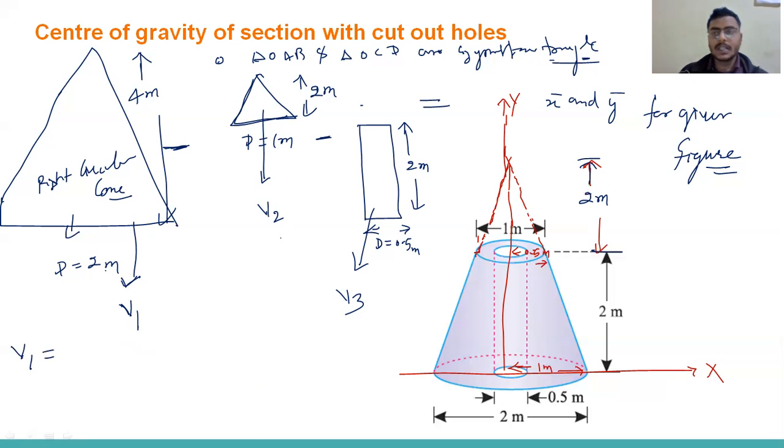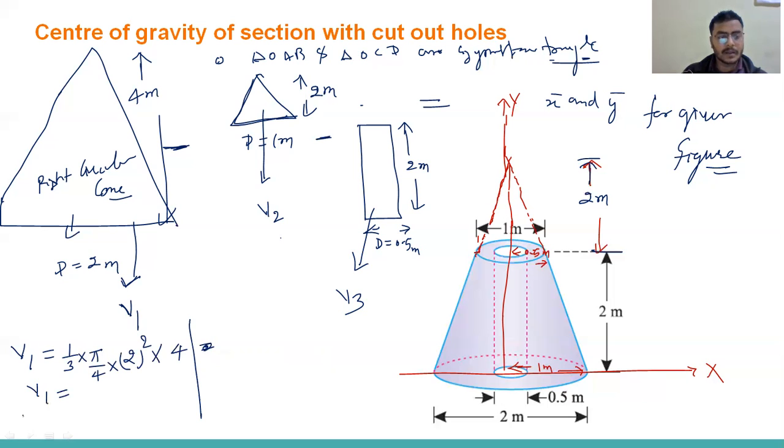V1 is the volume of the right circular cone with the larger diameter. Are you getting my point? So we can write pi by 3 into pi by 4 into d squared, that is 2, into total height, that is 4 meter. Okay, so we will get some value.